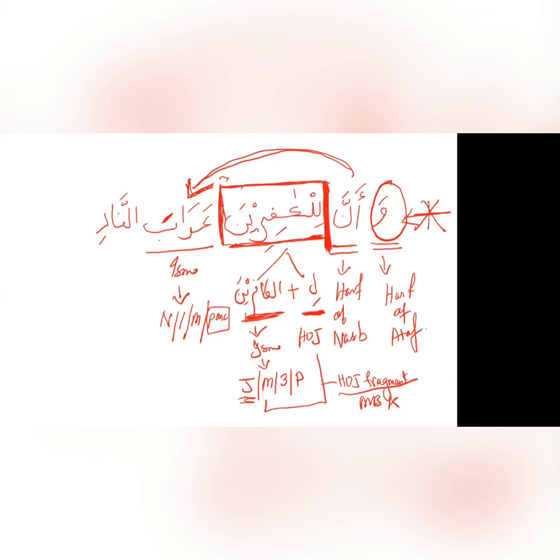This is MBK muqaddam. Why? Because it is coming before the ism of inna. So this will have a special meaning, right? Not special. It will be only. Why? We will see in a minute. So your MBK bucket is done.